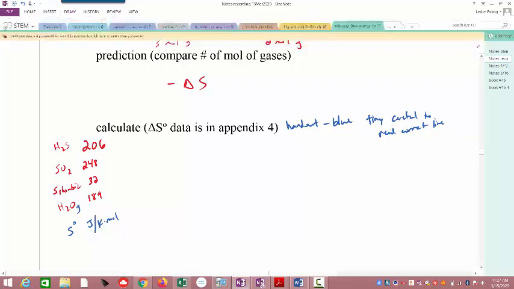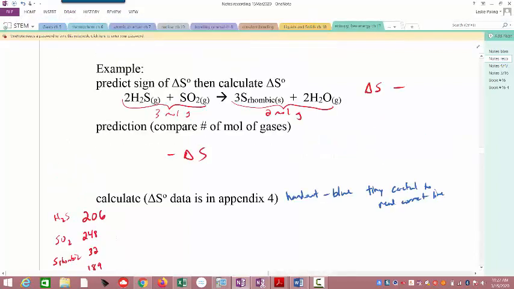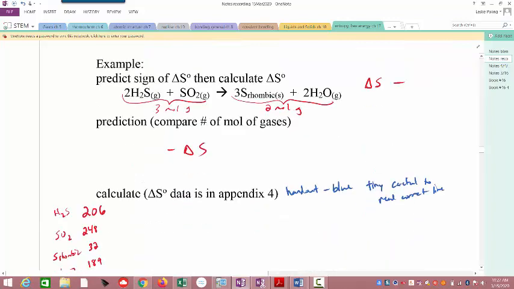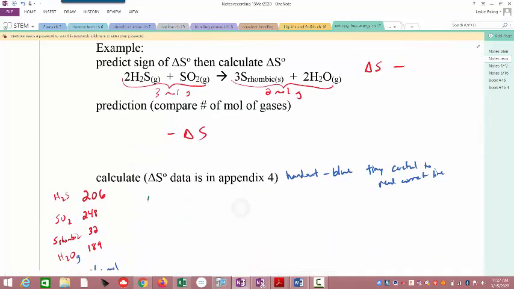So we have, come back up here and look at it. Our delta S of the reaction is the sum of products minus reactants. So our products, we've got 3 times 32 plus 2 times 189.